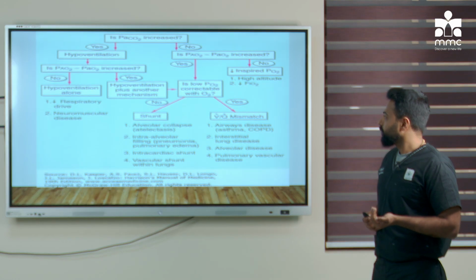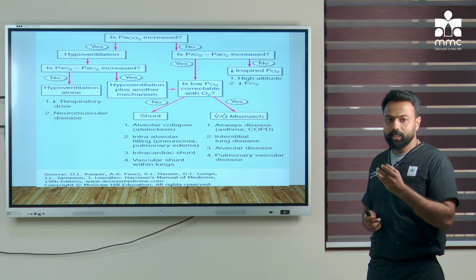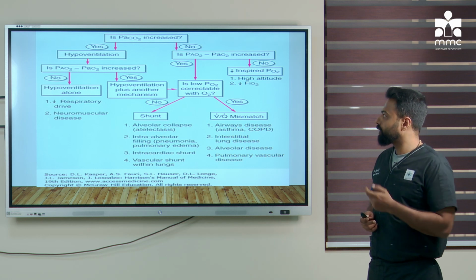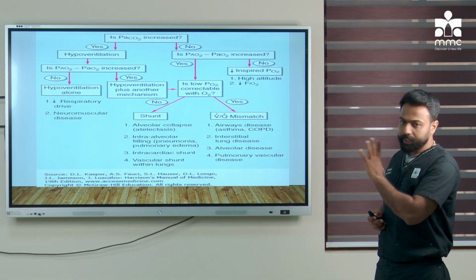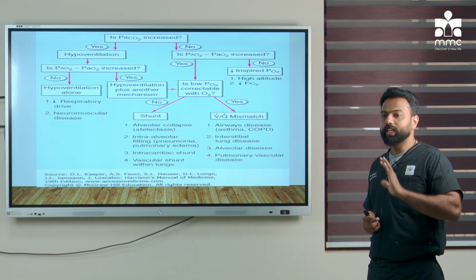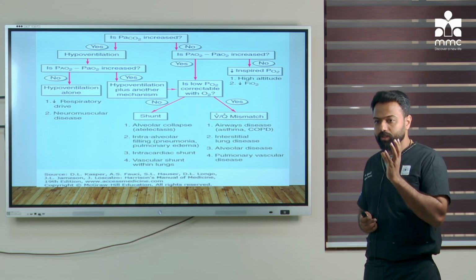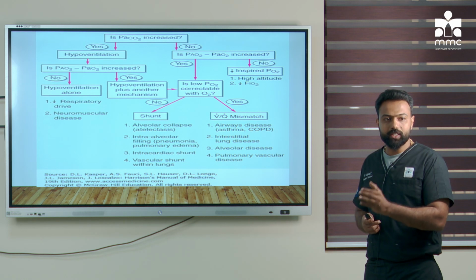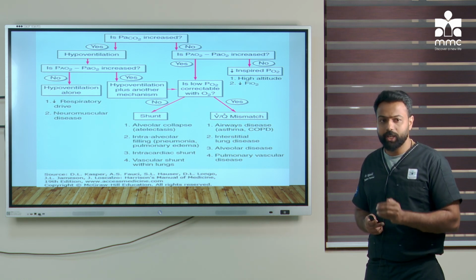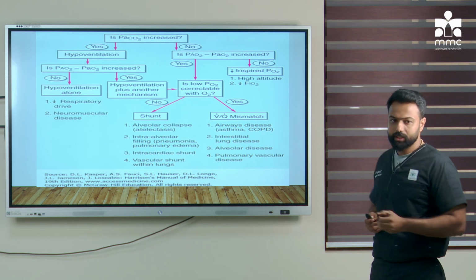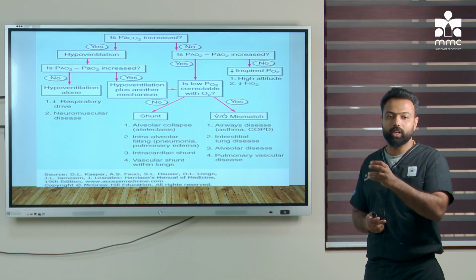If you calculate the PAO2 and subtract the PaO2, which is the arterial oxygen, you will get a lot of differential diagnoses. That is again an application of ABG. You calculate the AA gradient, and your differential diagnosis can be narrowed down to certain diseases, and you can work up on it.